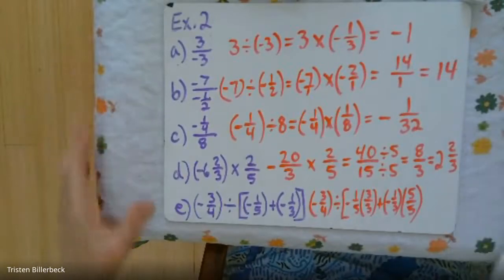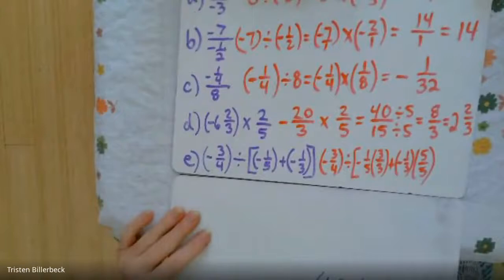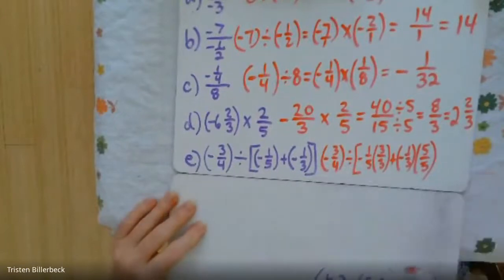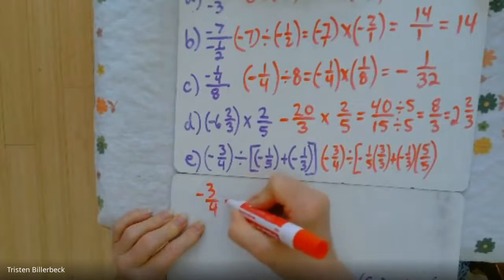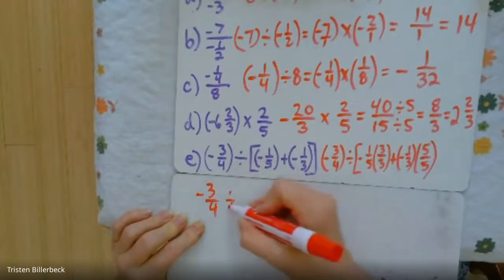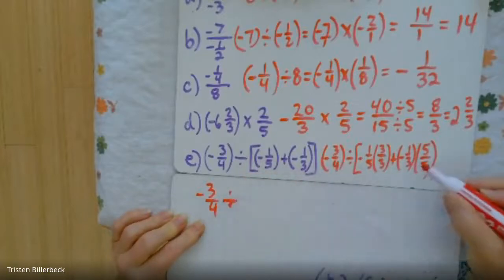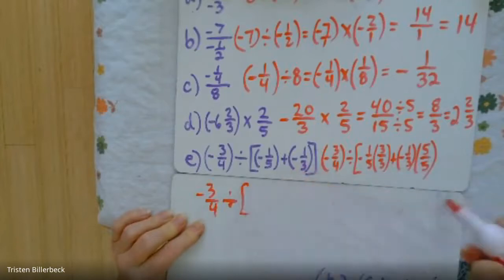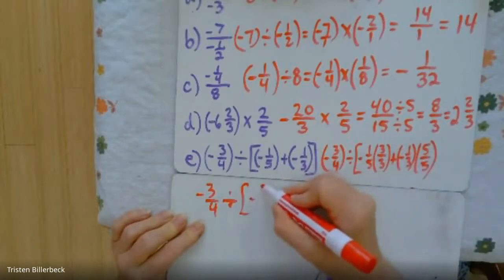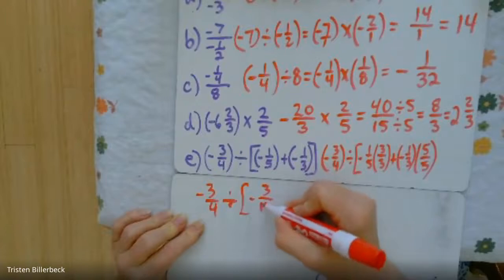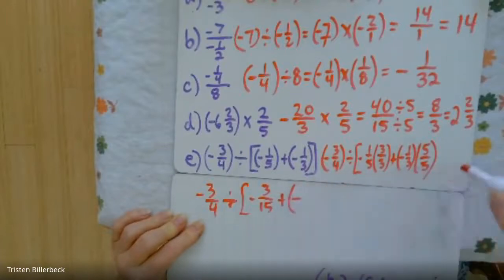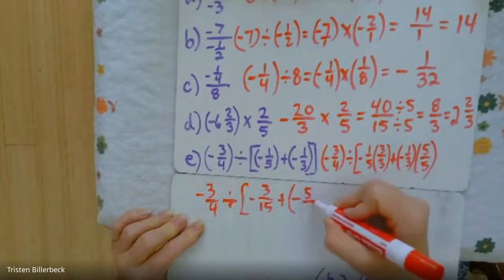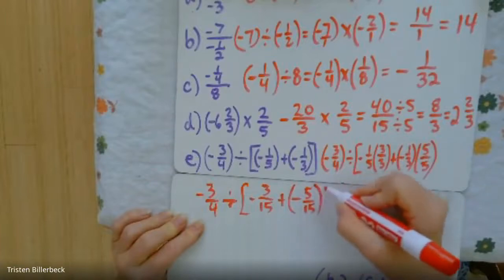So what we're going to do is take this, and we have negative 3/4 divided by, and this becomes negative 3 over 15 plus negative 5 over 15 inside.